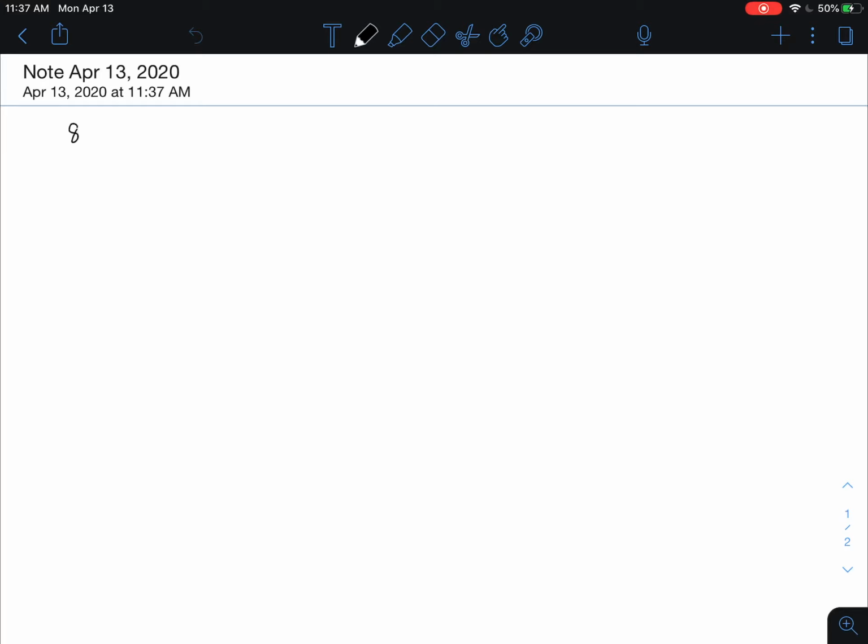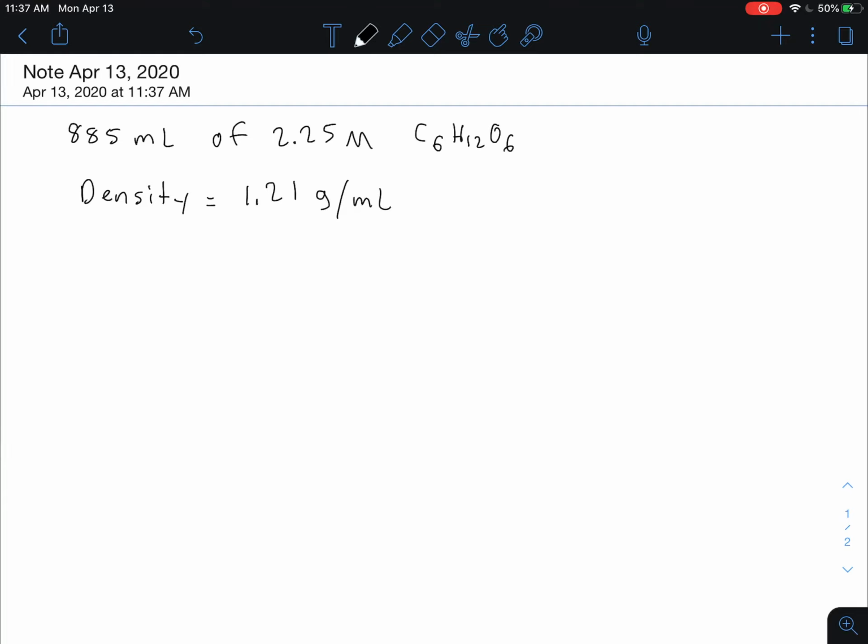So let's say we have 885 milliliters of 2.25 molar, I'm going to say glucose, C6H12O6, and the density is 1.21 grams per milliliter, and then we want to know what is the molality.